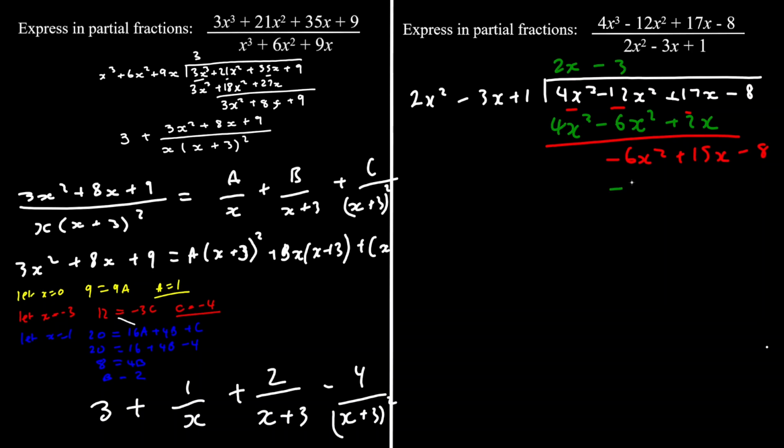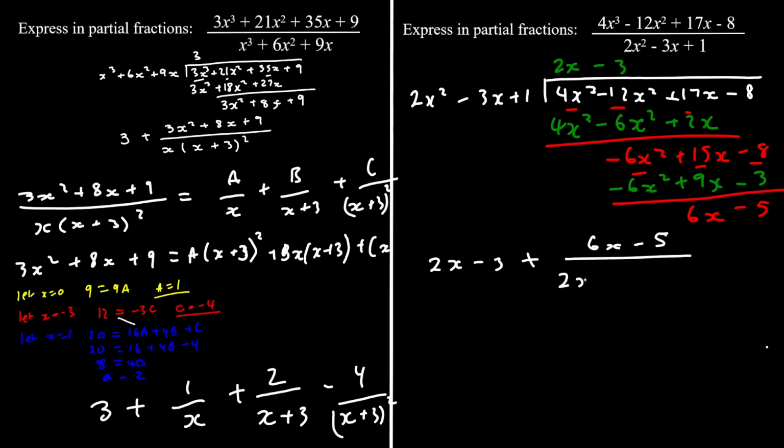Times by negative 3, so negative 6x squared plus 9x minus 3. And take away. 15 take away 9 is 6. Negative 8 plus 3 is negative 5. So we have 2x minus 3 plus 6x minus 5 over 2x squared minus 3x plus 1.